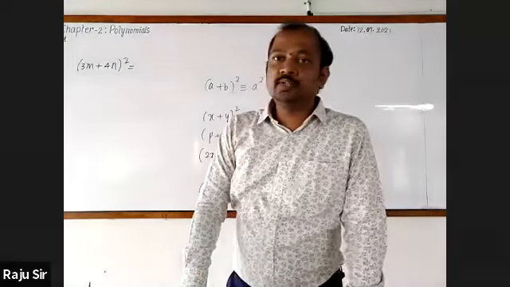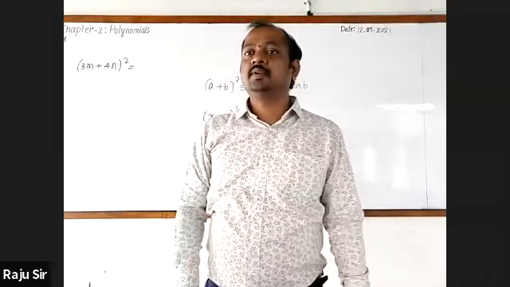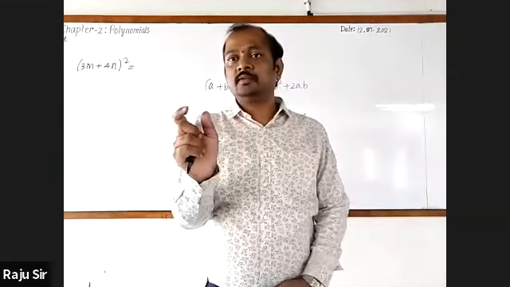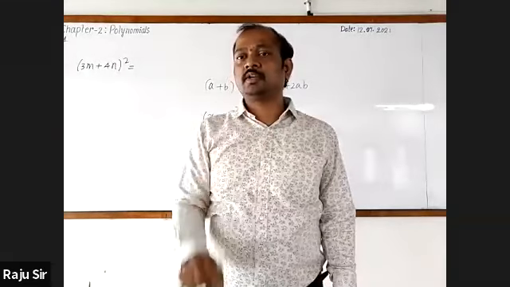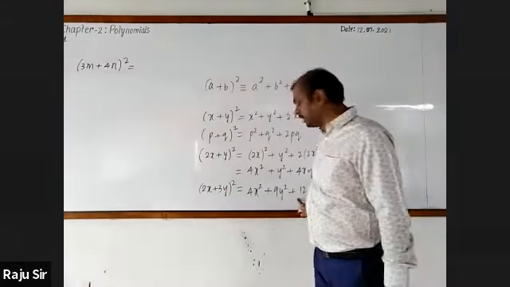Sir, 2 into 3m into 4n. 3m into 3m plus 4n. Wait. You are correct only, but the method of telling needs a small correction. And also I told you I'm expecting this final statement.